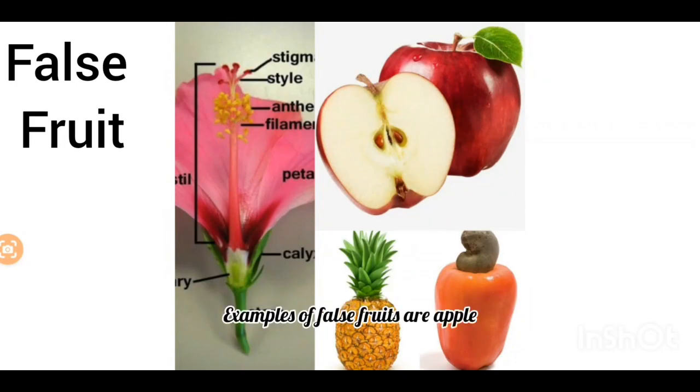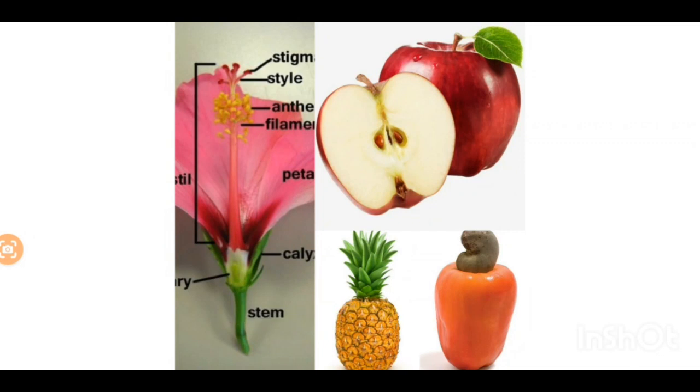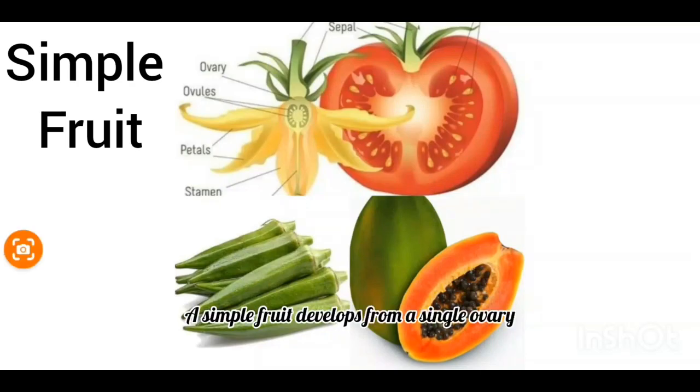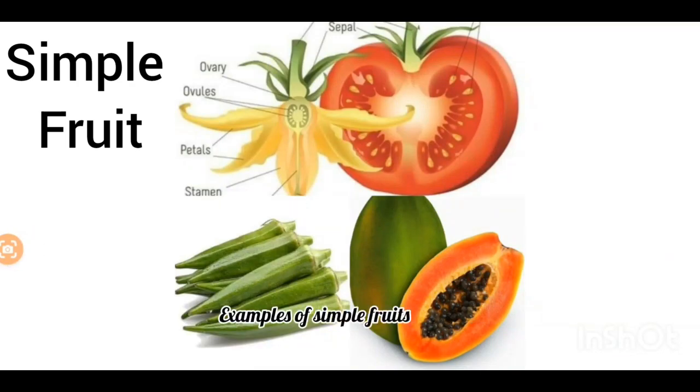Examples of false fruits are apple, pineapple, and cashew, etc. A simple fruit develops from a single ovary. Examples of simple fruits are okra, tomato, and pawpaw.